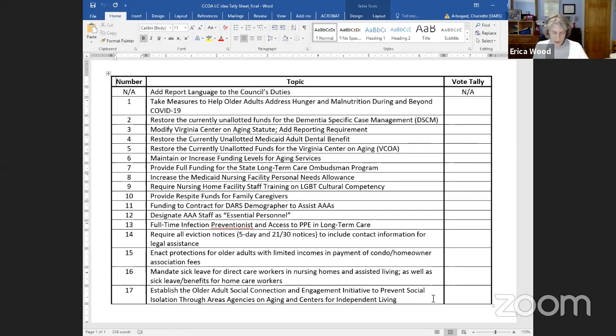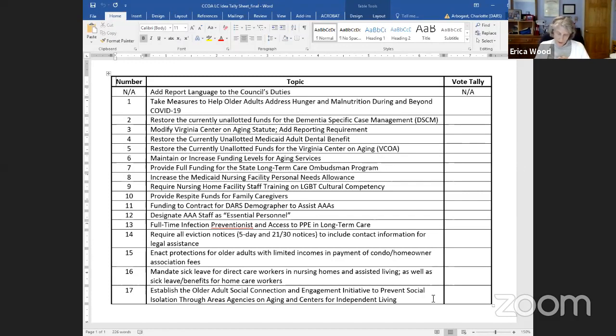The report, though, is not automatically sent to members of the General Assembly because the code provisions describing the council's duties don't provide for that. They don't include the specific legislative language that would authorize the policy platform in the annual report to be sent to the General Assembly members.